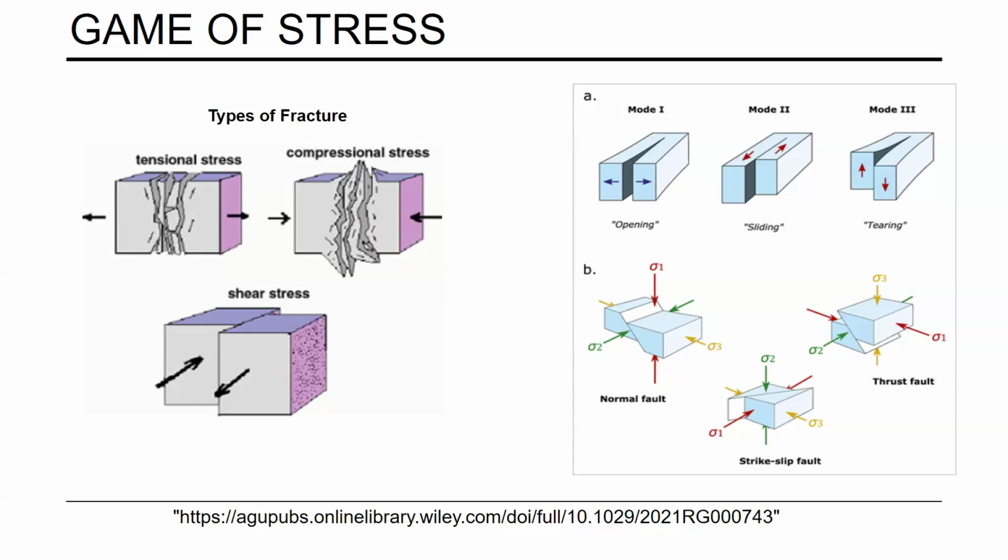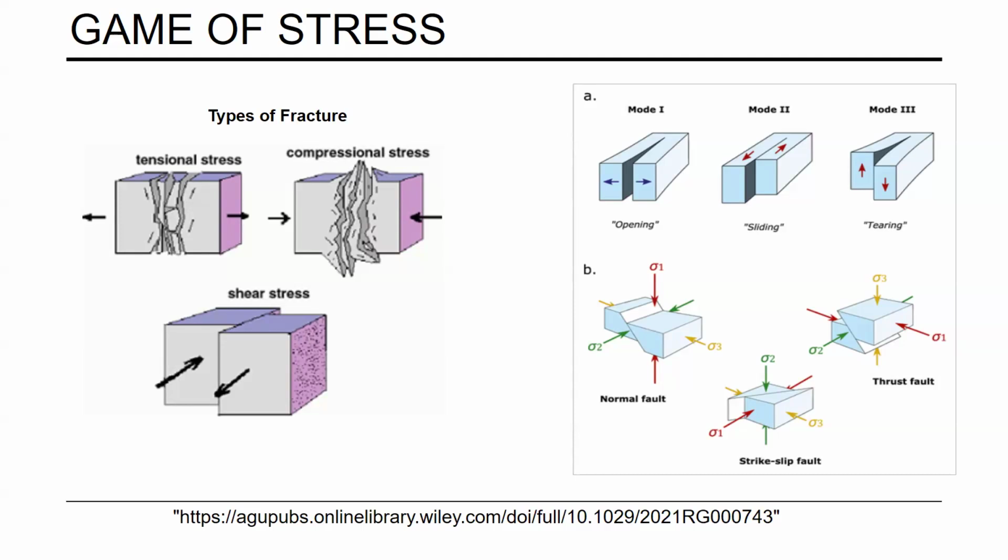Over here, if you look at the left picture, it shows you tensional stress, compressional stress, and shear stress. Now, if I can take your attention to the right picture, to point B, you can look at the directions, which are the primary directions sigma 1, sigma 2, sigma 3.